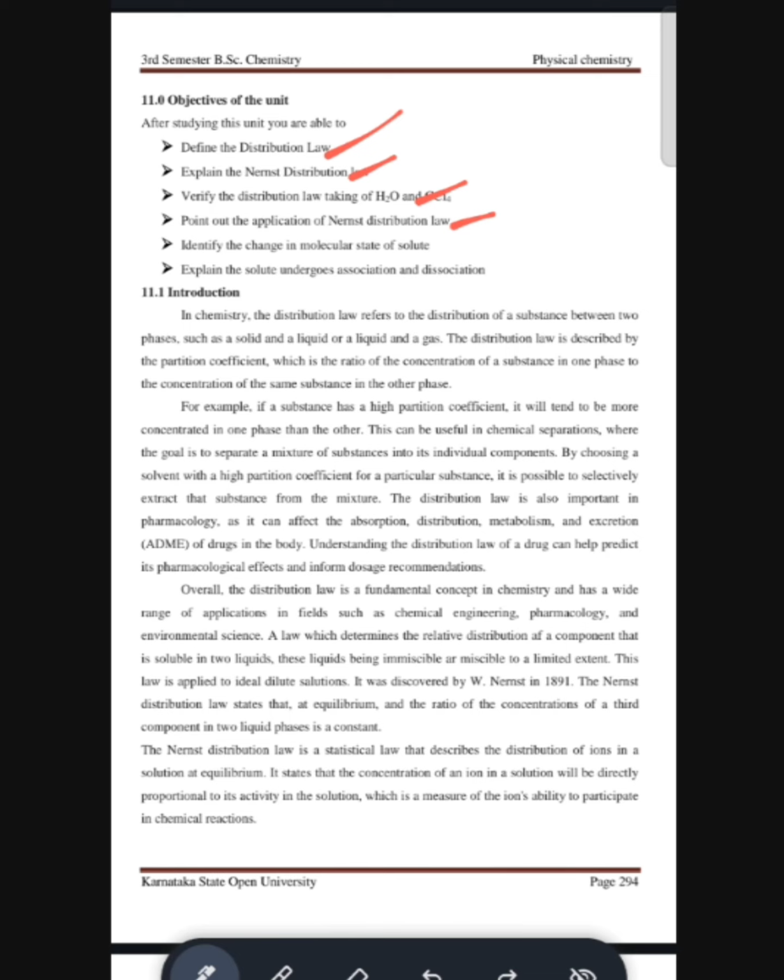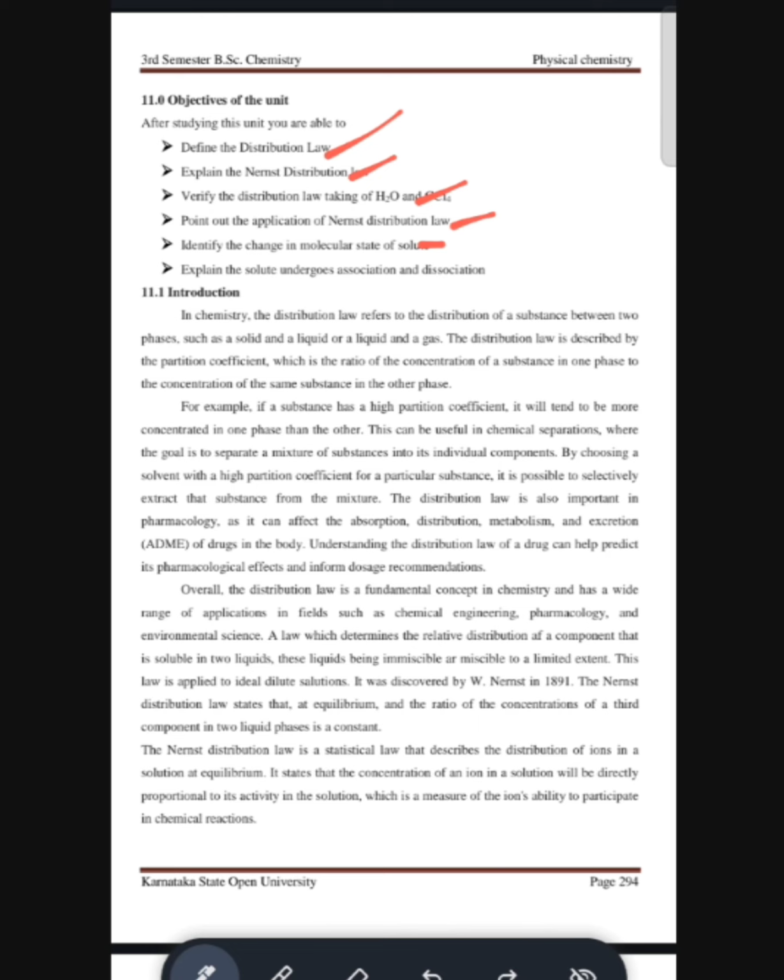We are going to study and identify the change in molecular state of a solute, and also whether the solute is undergoing association or dissociation, whether the solute is attaining an association or dissociation constant. That we are going to study in this unit. Before getting into the topic, we should know what the distribution law is.